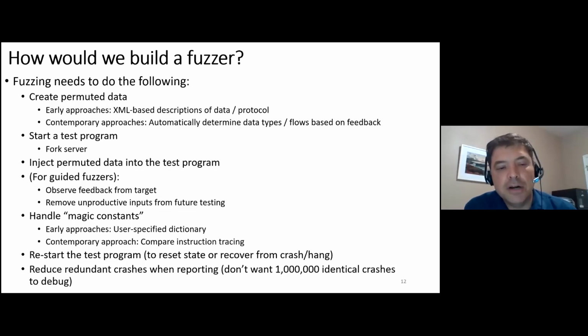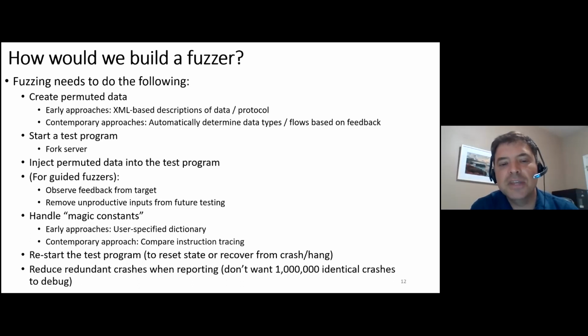Fuzzers often have to deal with what are called magic constants, and this traditionally was a huge problem. The idea is that your code may have a certain pound define, and if you don't have the right value at some if statement that matches what that pound define is, your function may return.